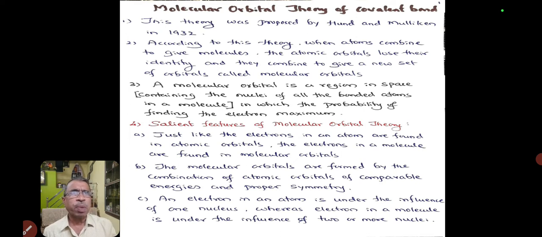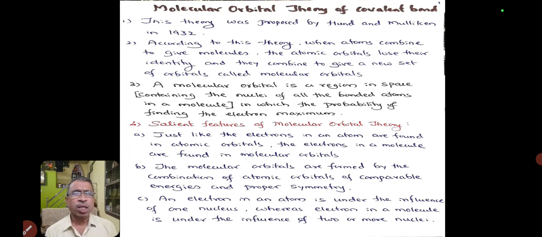This theory was proposed by Hund and Mulliken in 1932. According to this theory, when atoms combine to give molecules, the atomic orbitals lose their identity and combine to give a new set of orbitals called molecular orbitals.